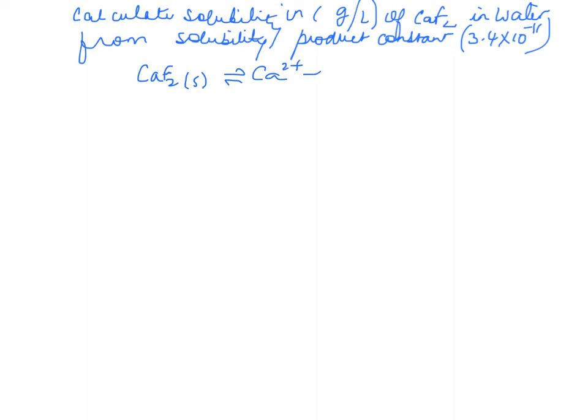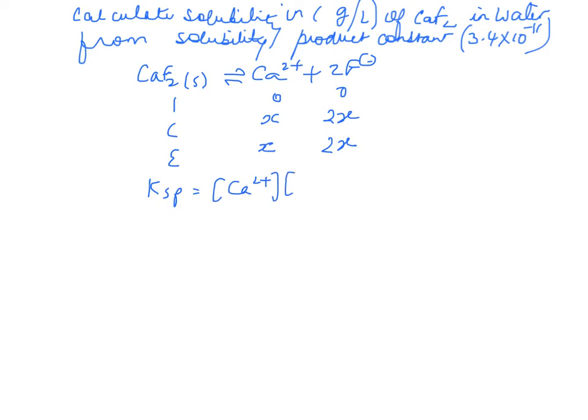So your equilibrium, again, to remind you, is CaF2, giving you calcium and 2 fluorides. So if you consider the ICE, you don't have any of the products in the beginning, then you have X, and so at equilibrium you're going to end up with X and 2X. What that means is the Ksp, which is going to be Ca2 plus times F negative squared, you would say X times 2X whole square, that is 3.4 times 10 to the negative 11.